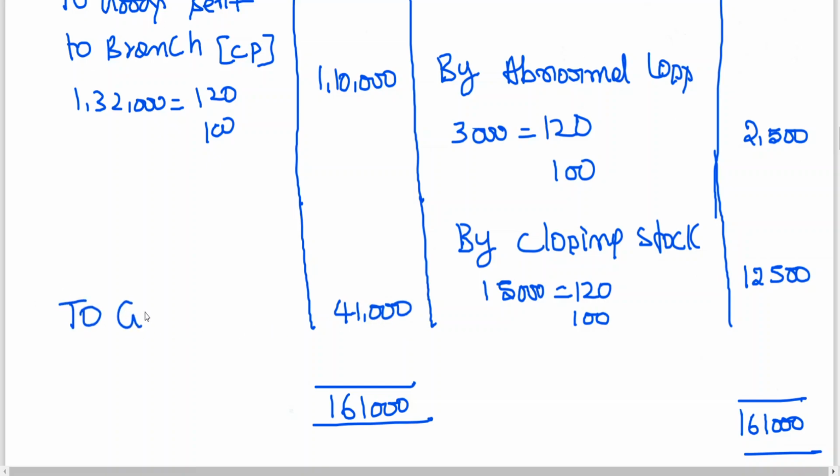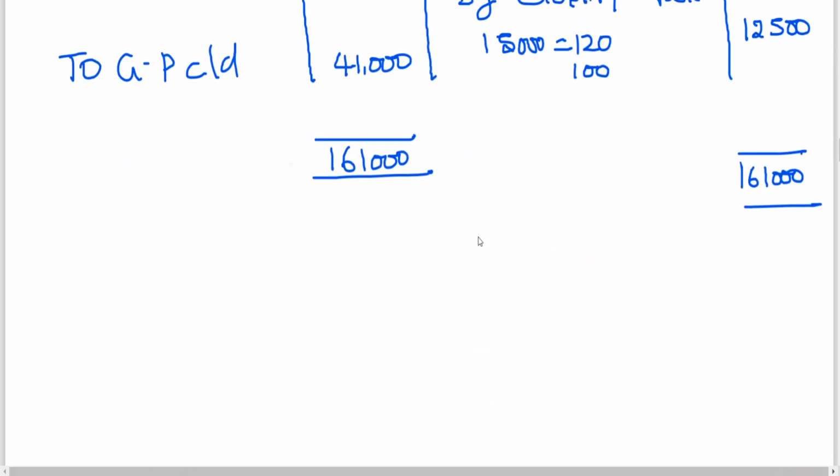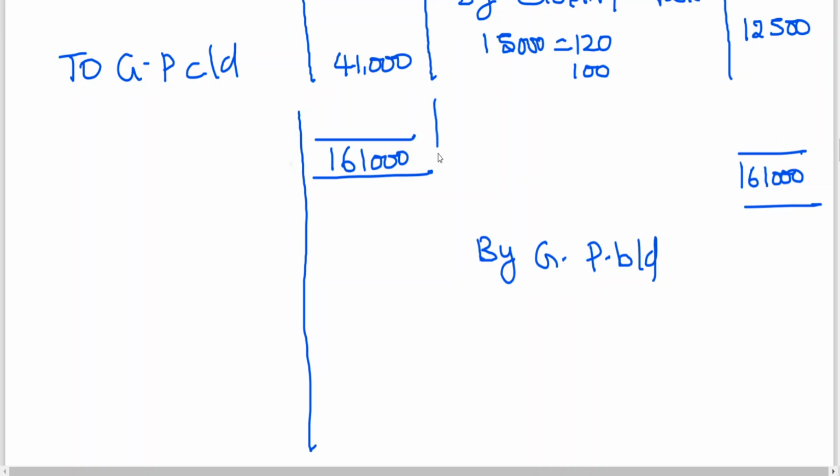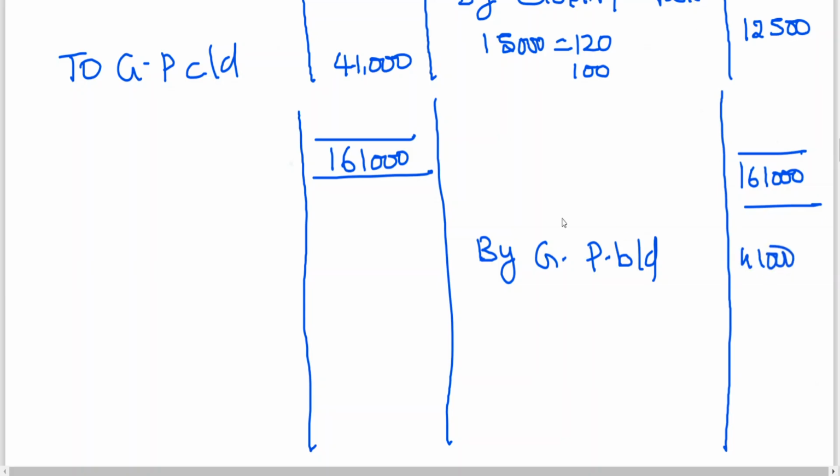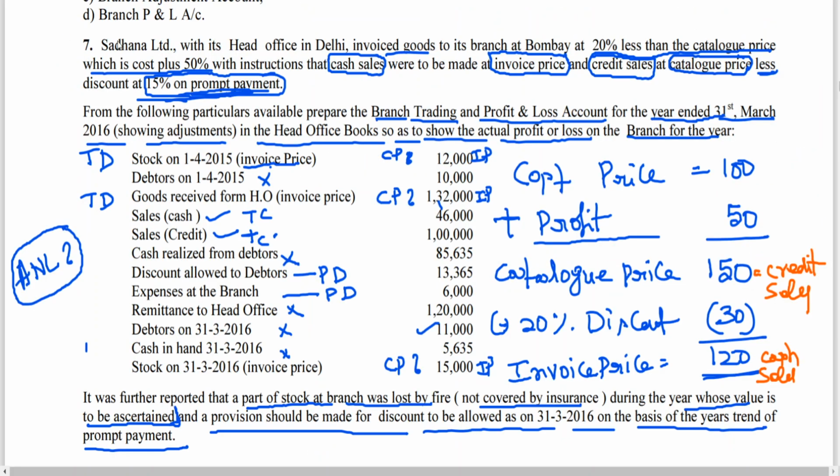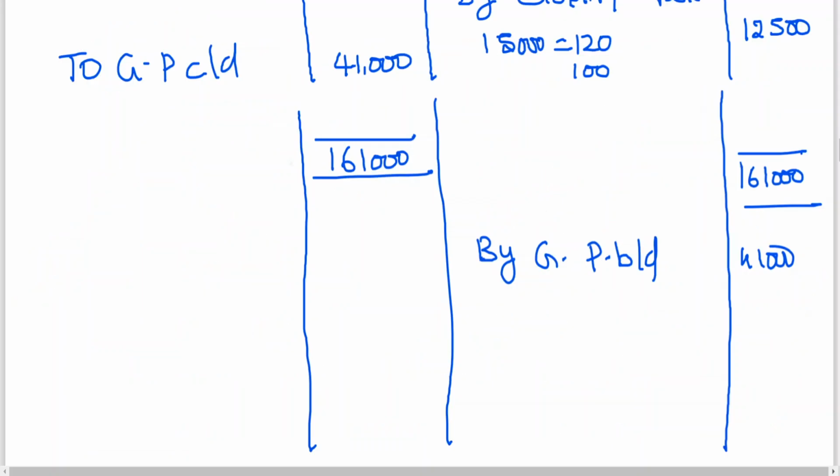Once it is completed, P&L account, even if I don't do, you can do it. By gross profit brought down. We got branch expenses 6,000.